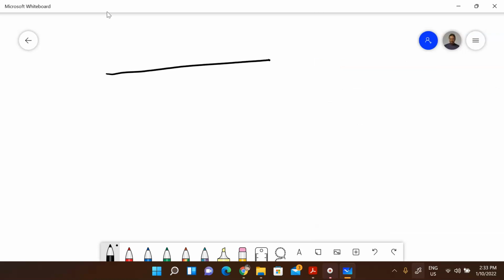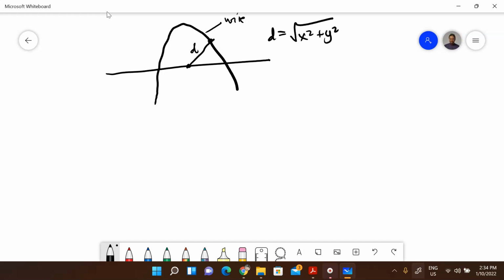So we have this inverted parabola, which is made out of wire, and then we attach a string from the origin to the wire, and we try to find the maximum length here, given by d. d is essentially the square root of x squared plus y squared, and the wire is of this particular equation, 1 minus x squared.